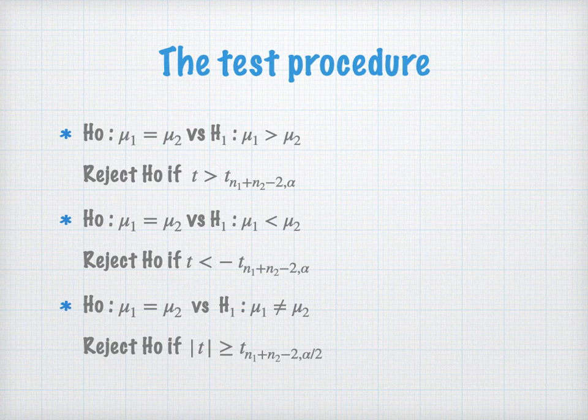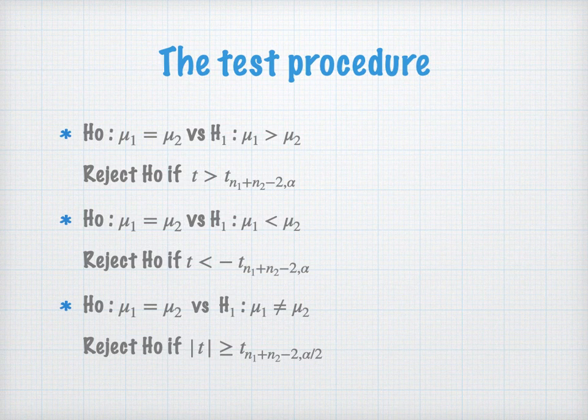So the test procedure for H0: mu1 equal to mu2 against H1: mu1 greater than mu2 is to reject H0 if t is greater than t(n1 plus n2 minus 2, alpha).